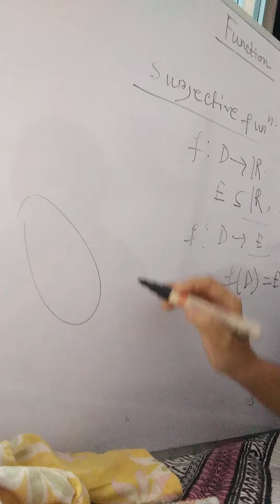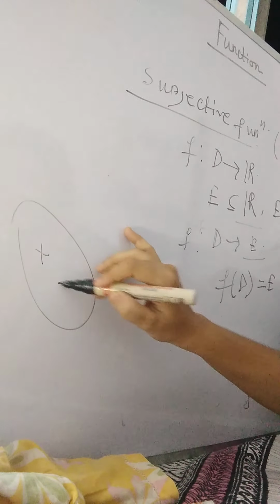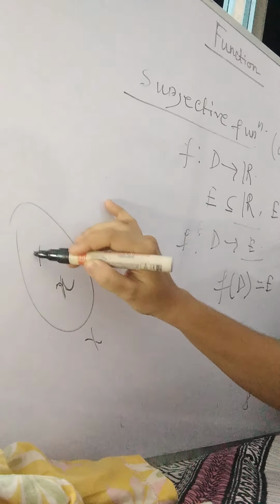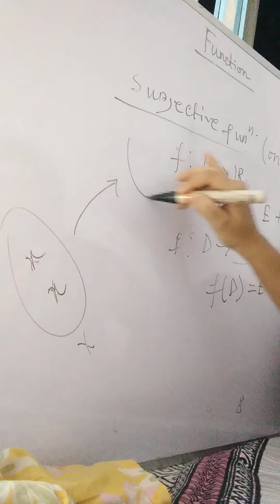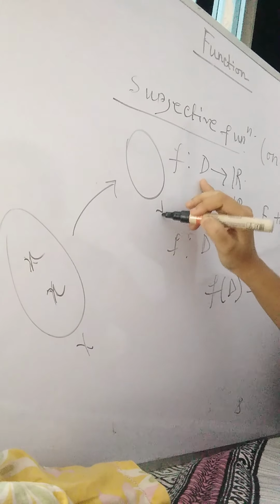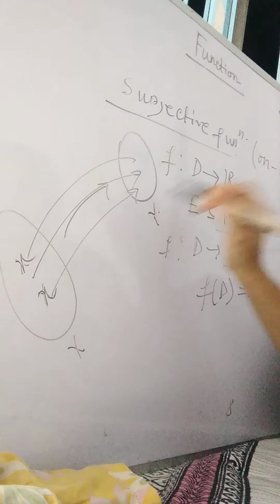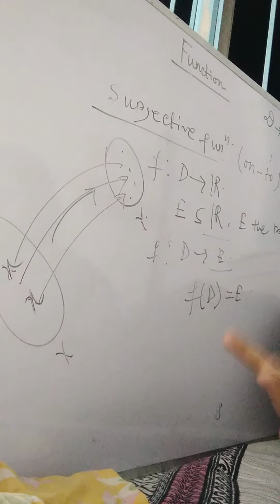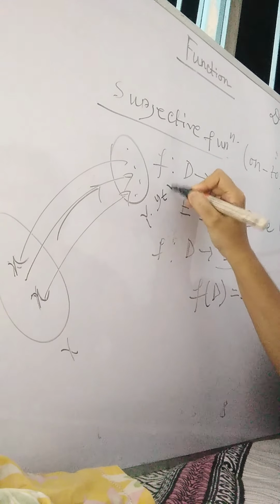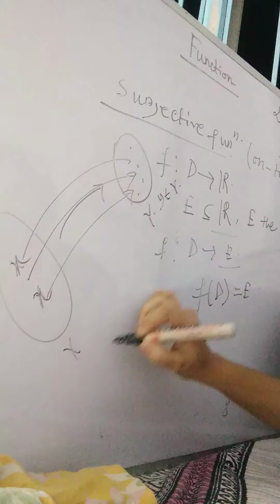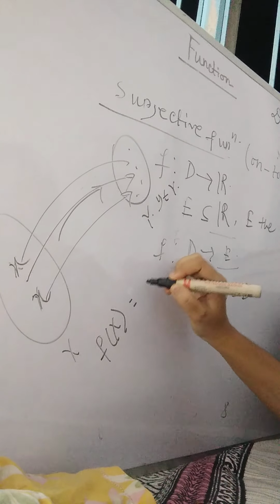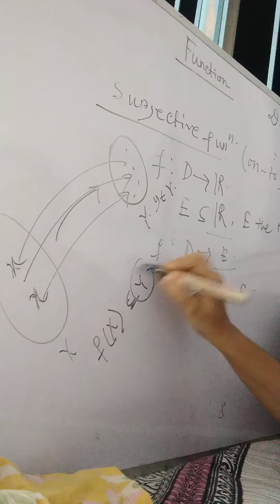That means if the function, here it is the function, this is x to y. If all x are going to y, and if there is another small y belonging to capital Y, then f of x is a subset of y, not the whole y.